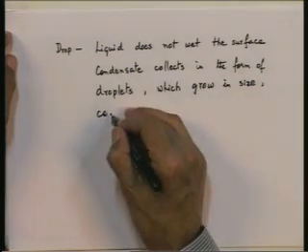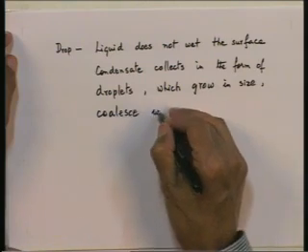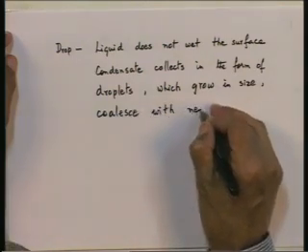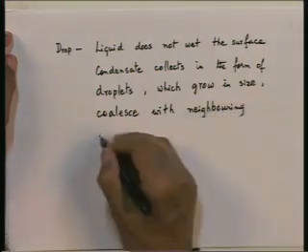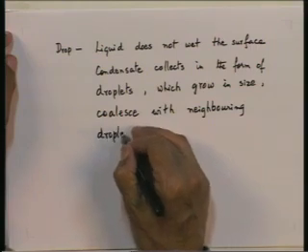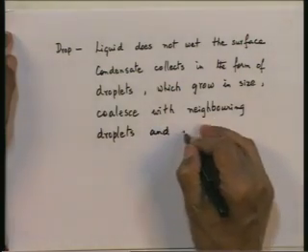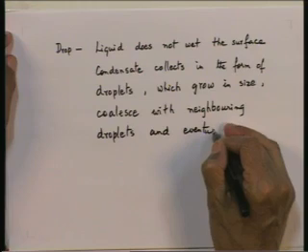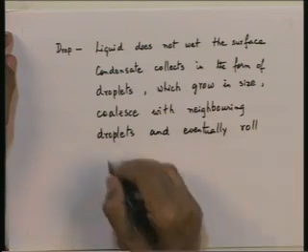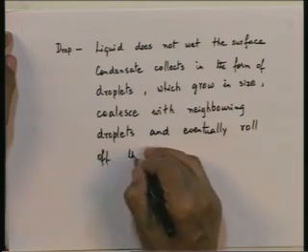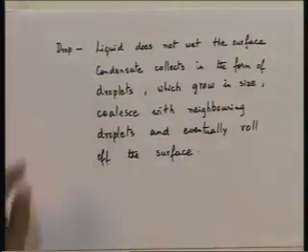Sometimes they join up with each other if they are near enough, coalescing with neighboring droplets, and eventually when they become large enough, these droplets roll off the surface. This is the process of dropwise condensation.